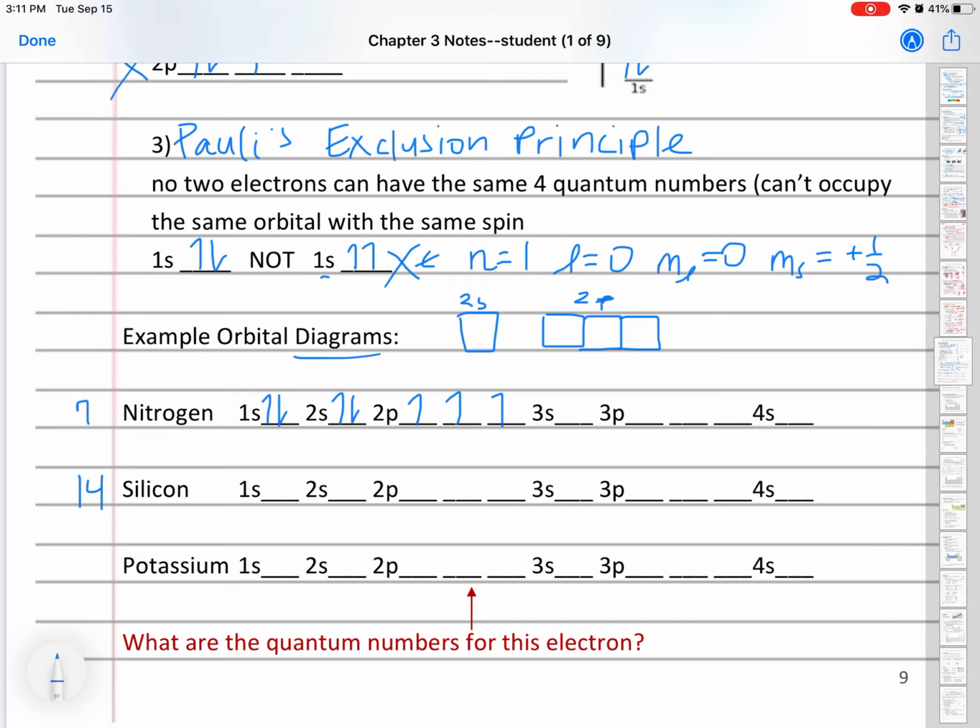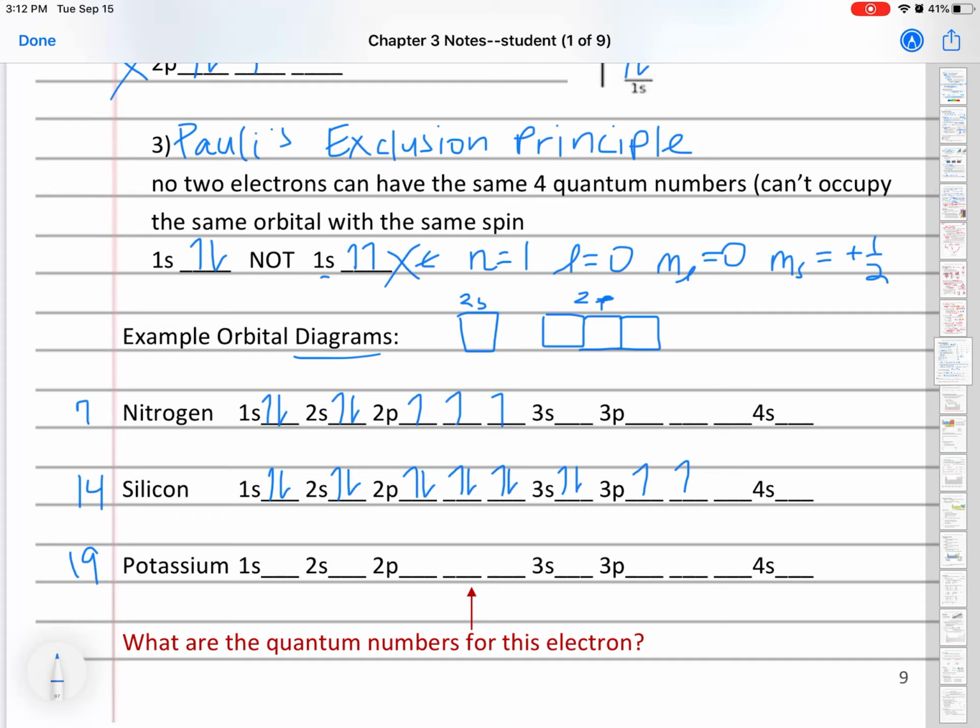Silicon, using your periodic table, you find silicon, it's got an atomic number of 14. So let's add those 14 electrons. 1, 2, 3, 4, 5, 6, 7, 8, 9, 10, 11, 12, 13, 14. Okay? And then one more, we'll do potassium. Potassium is in group 1.